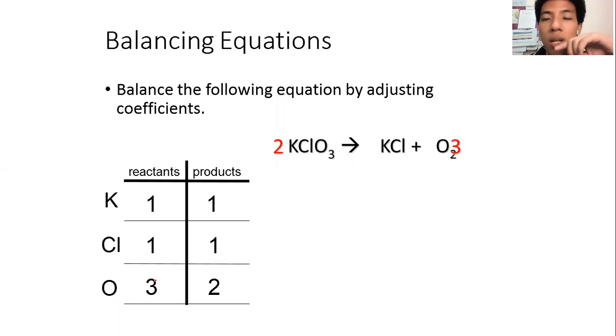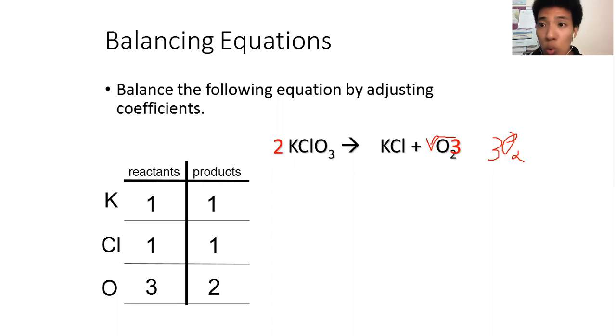So you need to add coefficient numbers. This number should be placed here. Sorry for the error because of the PowerPoint. It should be 3O2. Let me write it. So 2KClO3, since we write 2 on the other side.